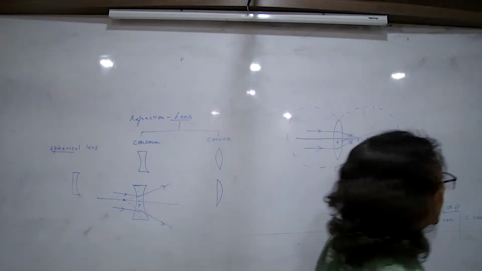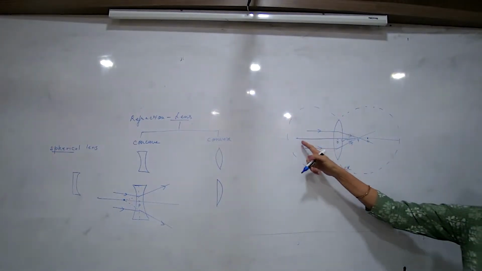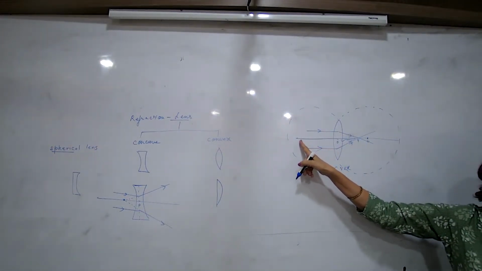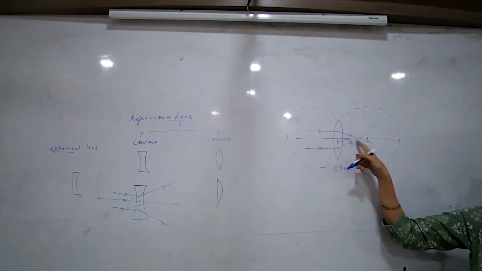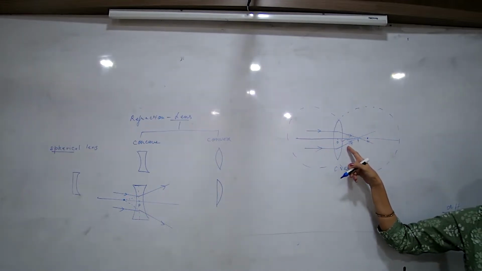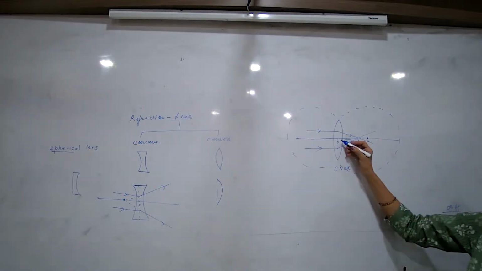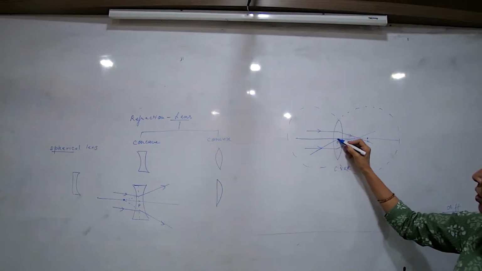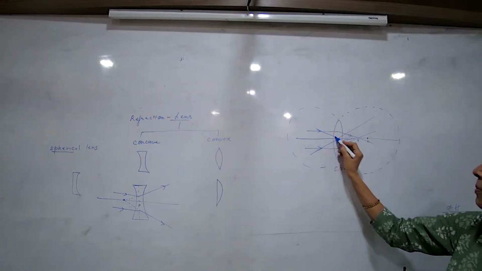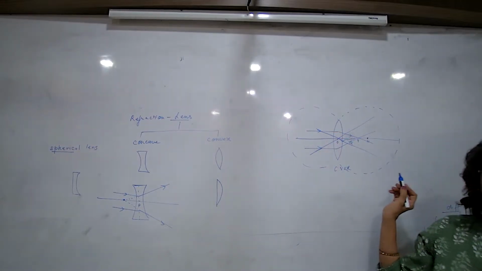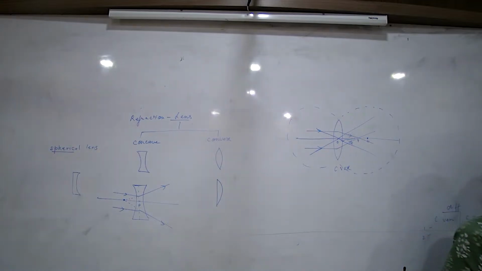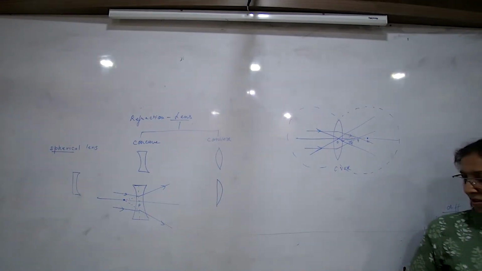Look at the board here. Did you see this line? This is the principal axis. It's passing through O. There is no deviation. Suppose I draw a line through O, no deviation. Any line which is passing through O has no deviation, because it's exactly on the normal. Understood, no?